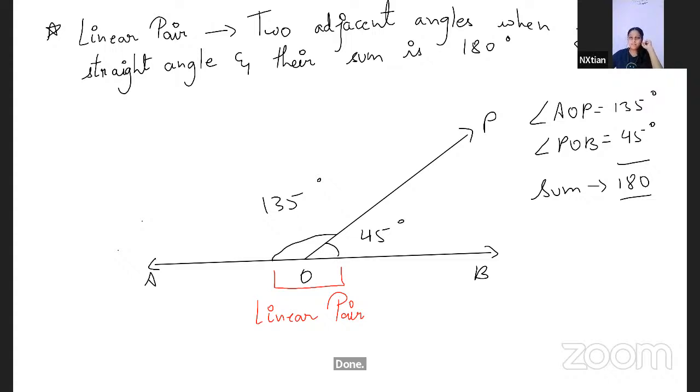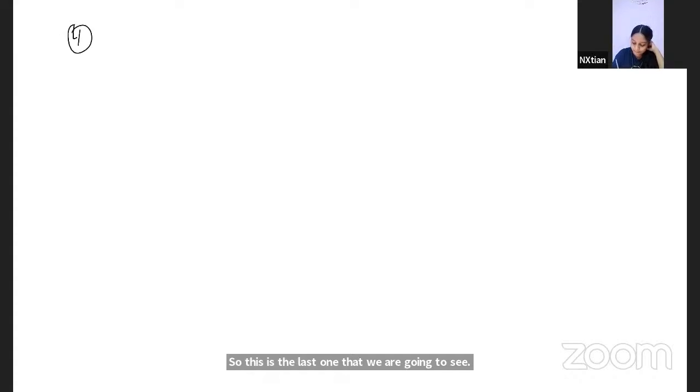Okay. So this is the last one that we are going to see, the last type. They are known as vertically opposite angles.